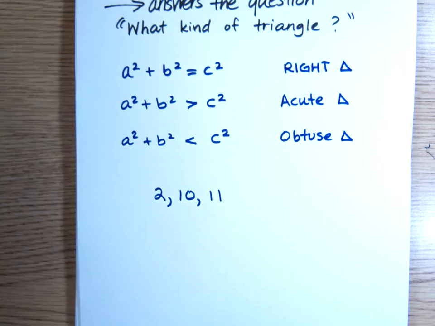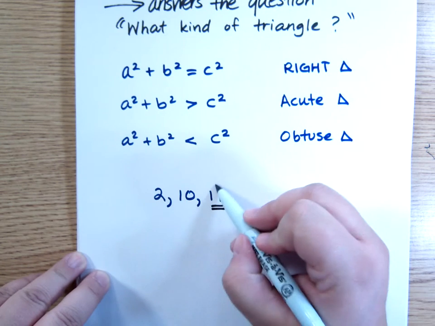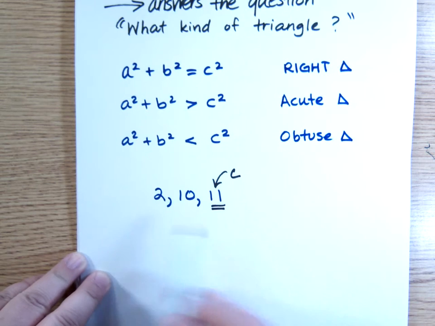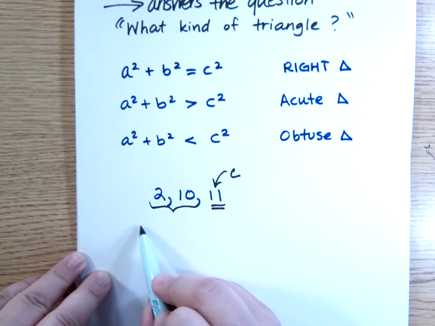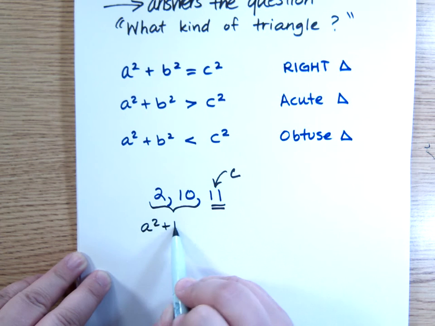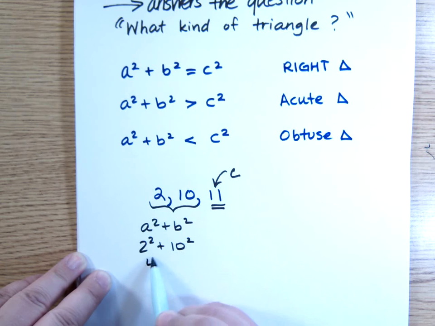So if this was a right triangle, this would have to be the hypotenuse. So that automatically becomes my c, which means these 2 are a and b. It doesn't really matter which is which. So a squared plus b squared here would be 2 squared plus 10 squared, which is 4 plus 100, which is 104.